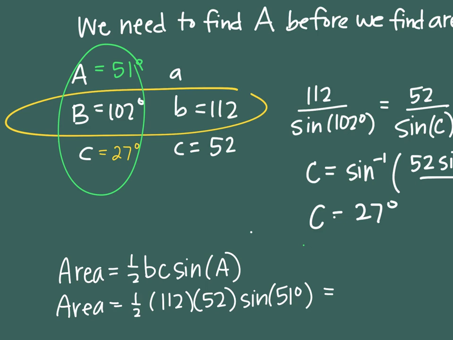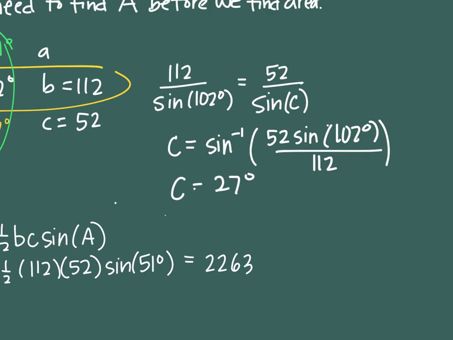Then you just type that straight in your calculator, one big multiplication problem: 0.5 times 112 times 52 times sine 51, and you get 2263 square units as your area for that oblique triangle.